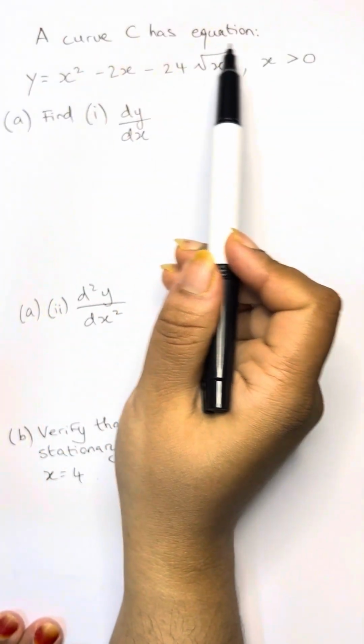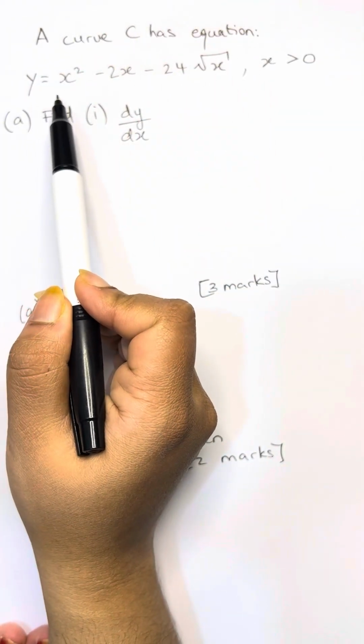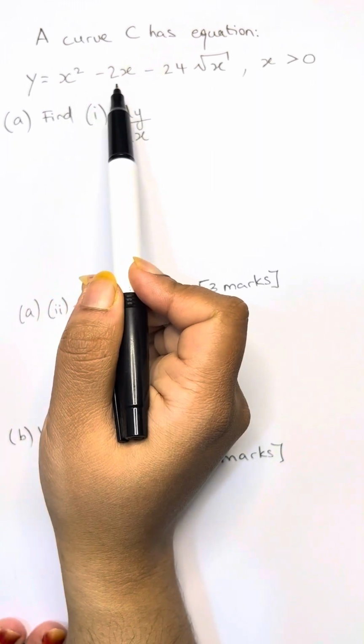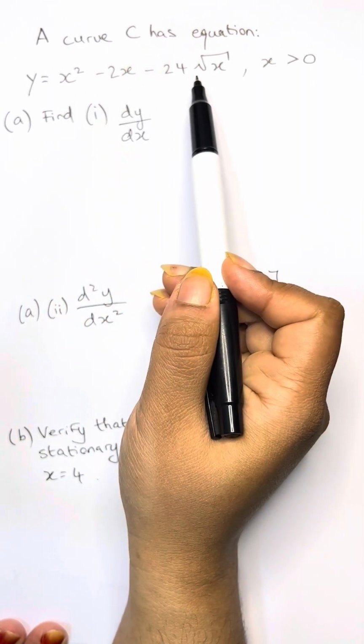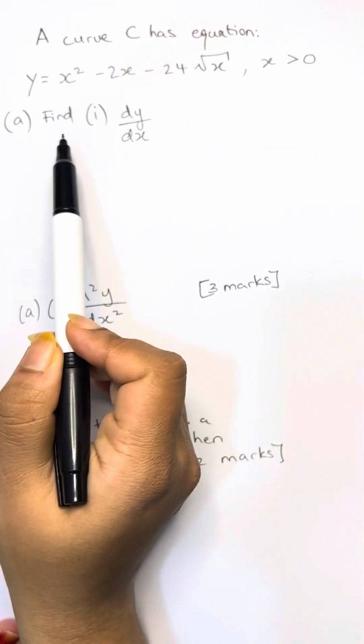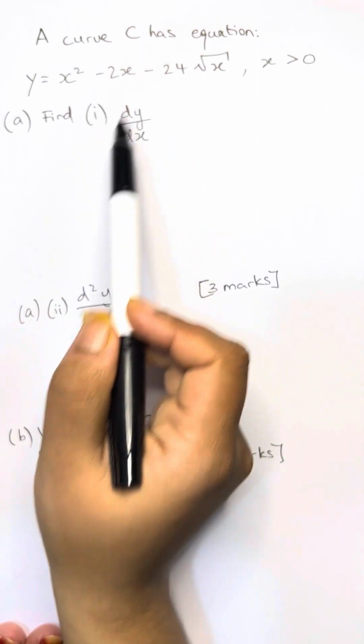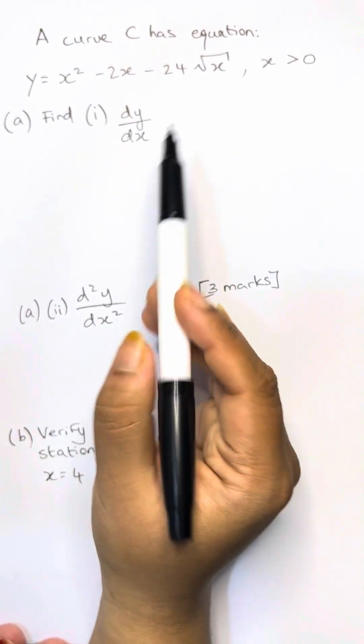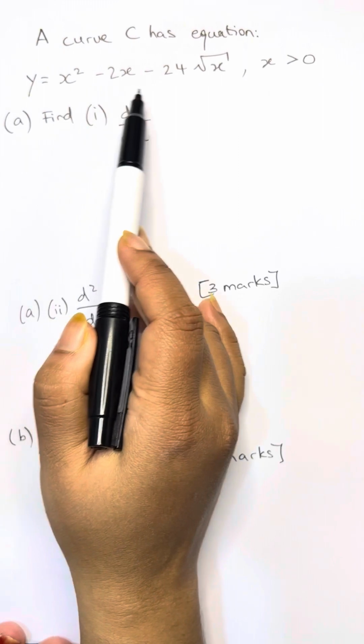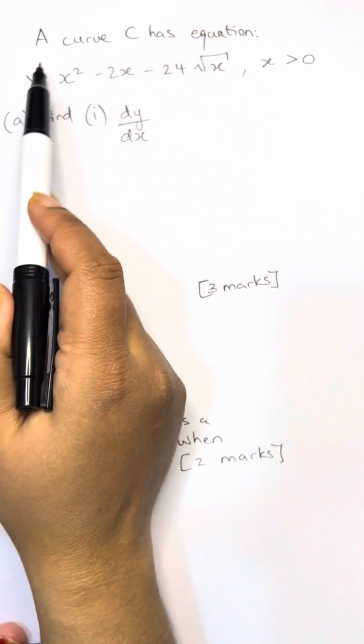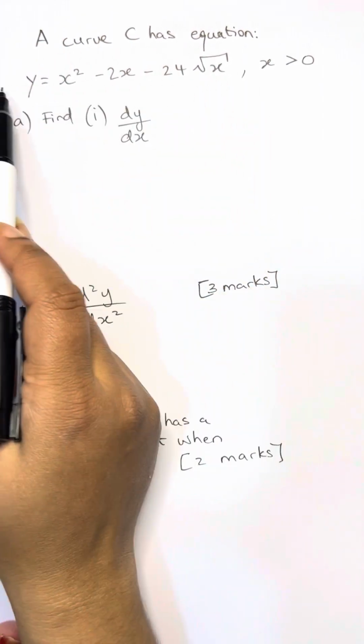A curve C has equation y equals x squared minus 2x minus 24 square root of x, and we need to find the first differentiation for this. The first thing we need to do is write this in a simpler format so it's easier for us to understand.